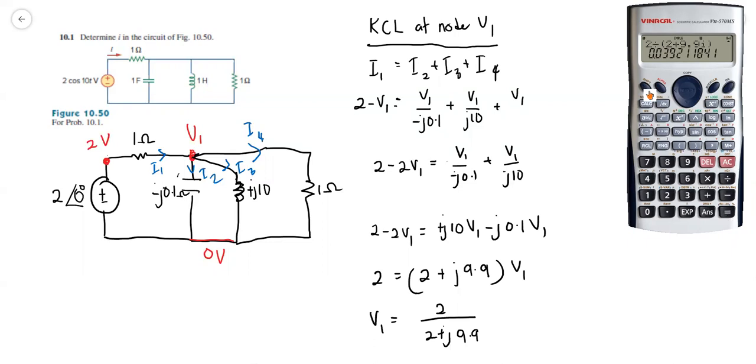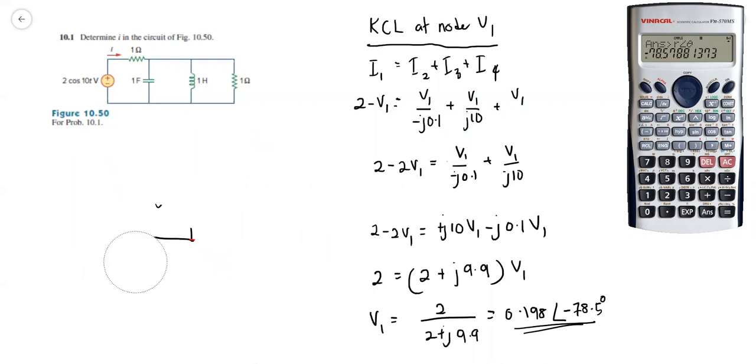But usually the voltage should be in polar form, so convert into polar, and you will be given this value: 0.198 with an angle of negative 78.5. So this is your V1. Finally, we have obtained V1 using nodal analysis.